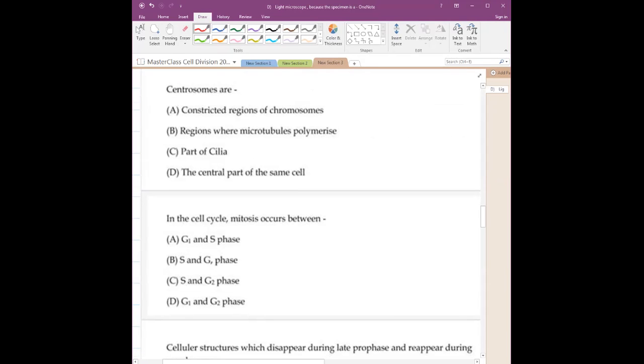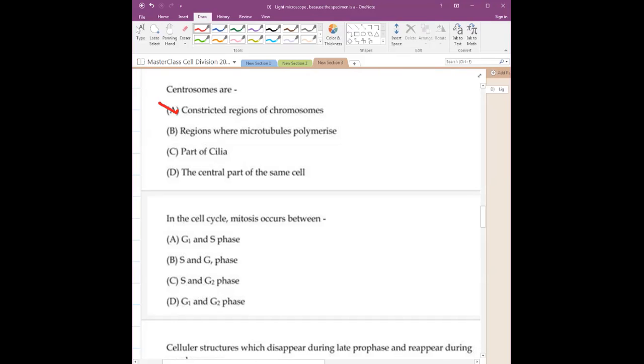Okay, next question. Centrosomes. My question goes to Darshanita. Centrosomes are dash. Guys, read the options properly. These are nothing but constricted regions of your chromosome.